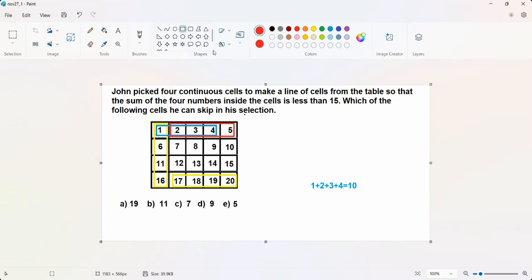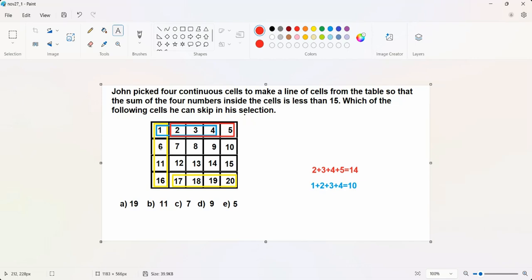Let's see what happens if we take 2, 3, 4, and 5 and make a sum of these numbers. 2 plus 3 plus 4 plus 5: 2 plus 3 is 5, plus 4 is 9, and 5 is 14. So 14 is also less than 15. So we have two ways by which we can get less than 15.